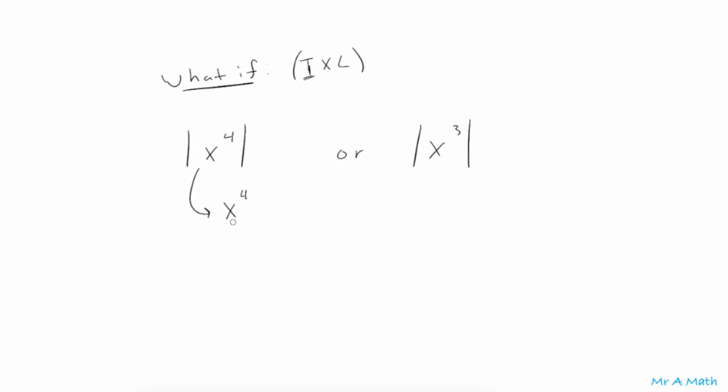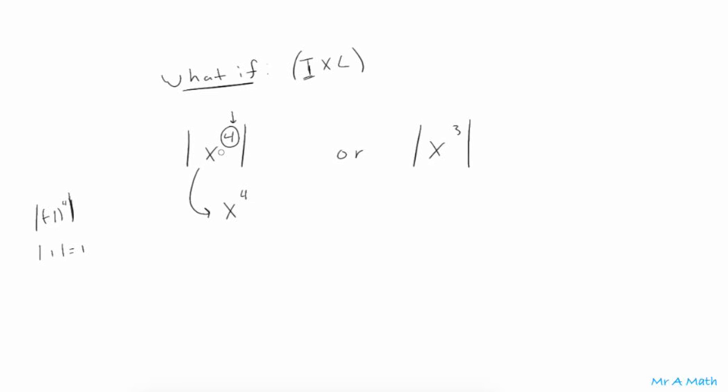Because if you think about numbers that you plug in here, since this is an even number as its exponent, no matter what I plug into it, it is going to give me a positive answer. If I plug in -1, for example, -1 to the fourth power gets me +1, and the absolute value of +1 would just be 1.